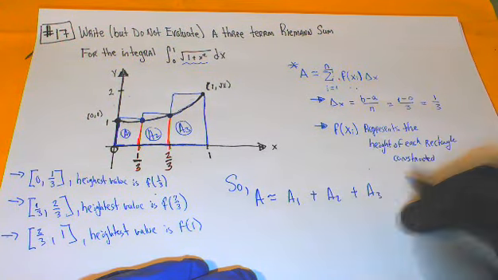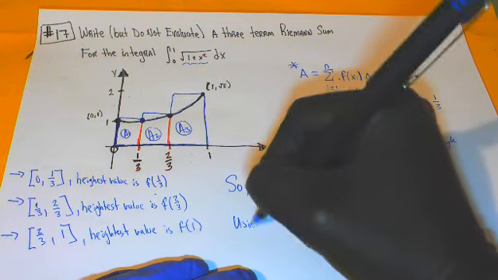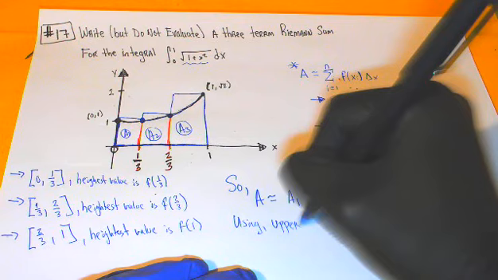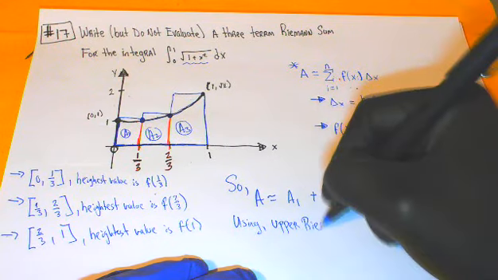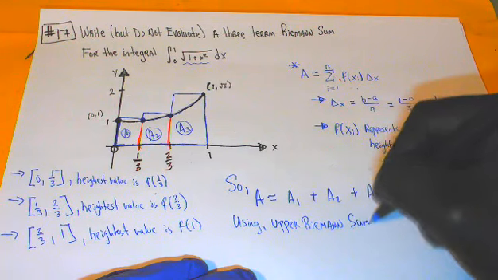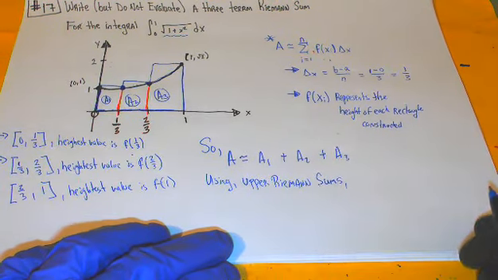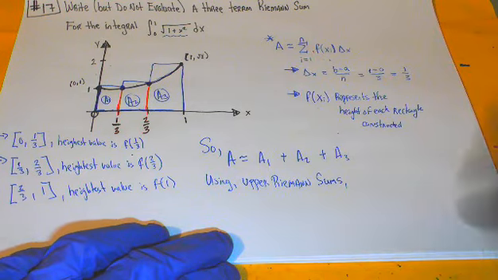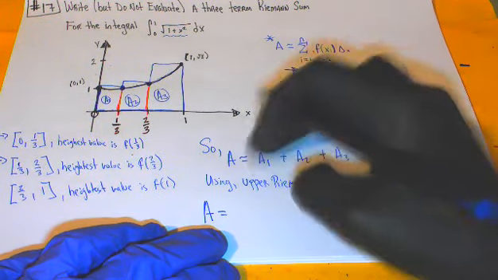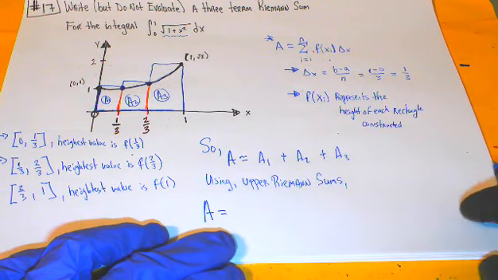Now, using upper Riemann sums, we'll have the following. Again, just remember we're not evaluating this, so I'm setting it up, and that will be it. Let's figure out what would be the area of the first rectangle.